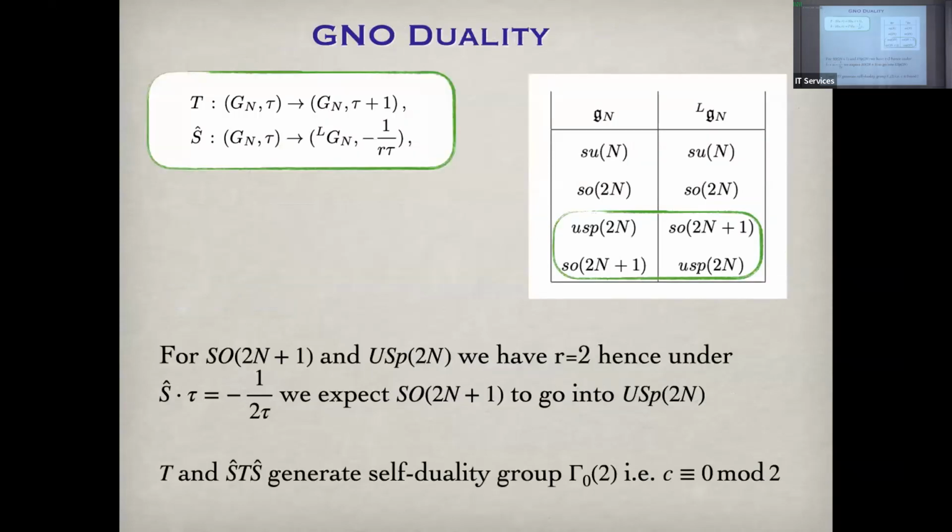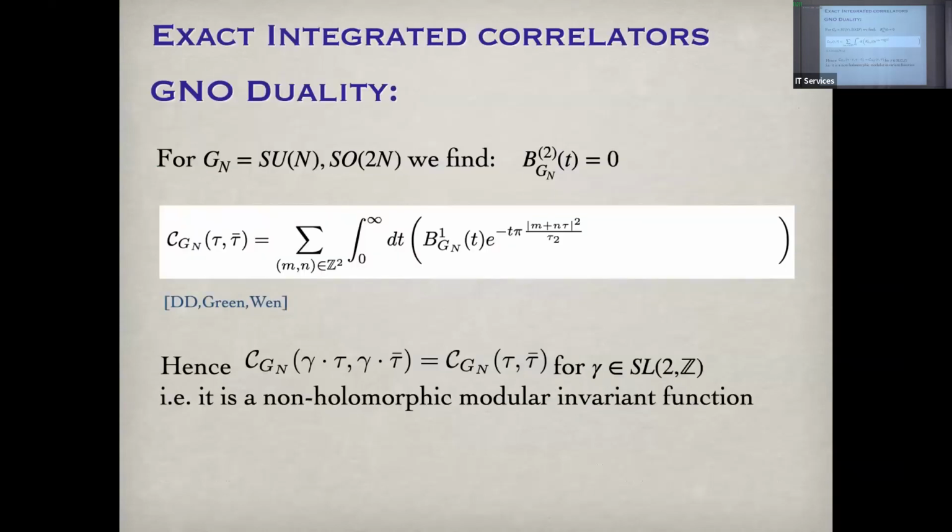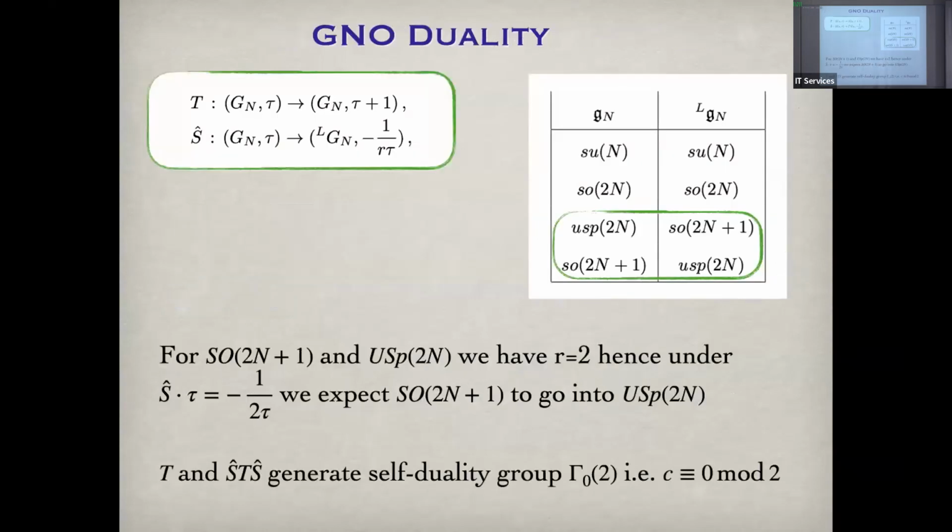For the other two cases, the story is a little bit more interesting because under this transformation S hat, G and the Langlands dual actually change. In this case, the ratio between the roots is 2. So this duality tells us that we should expect, in the SO odd and the USP case, that this correlator does something. Under T, nothing changes.